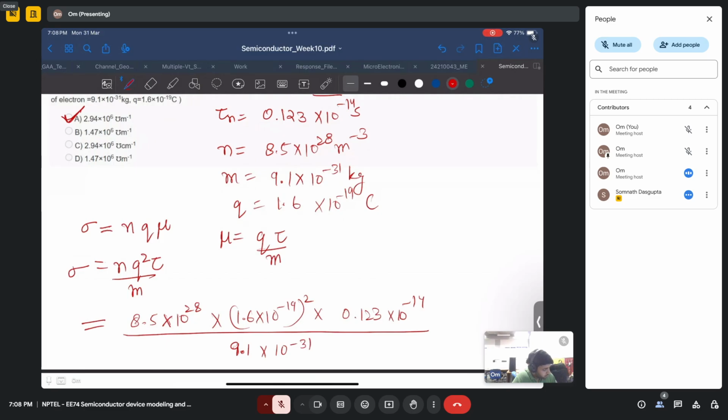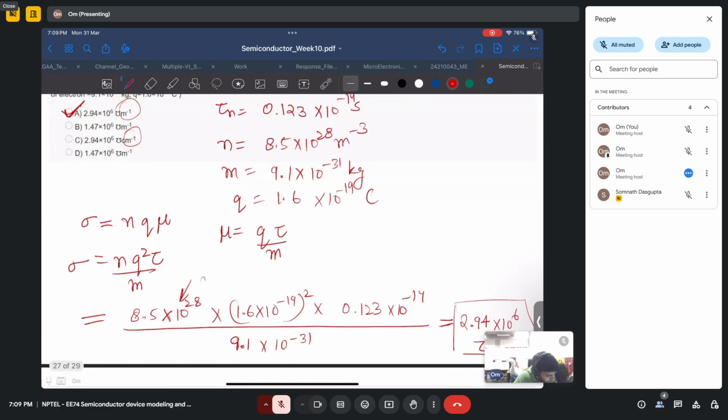Okay, so if you solve this, you will get 2.94 into 10 to the power 6 siemens per meter. So please note it is per meter. We have given the same values in per centimeter also, but since we have taken all the values, this was in per meter cube, this is in kg, this is in coulomb, and this is in seconds, your answer will also be in meter units.